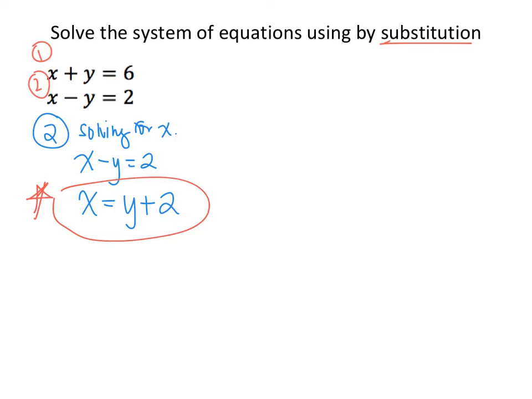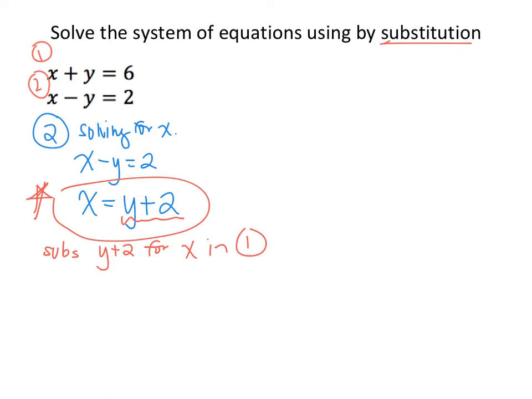With substitution, I'm going to take whatever x equals, y plus 2, and substitute that expression for x in the other equation, equation 1. I started with equation 2 and am substituting whatever I got into the other equation. The reason we do this is that when I substitute this in, I'll only have one variable in my equation, and that will make it so that I can actually solve for that variable.